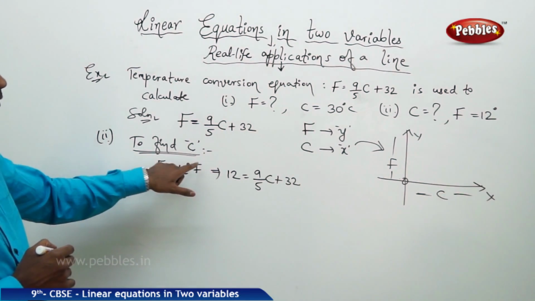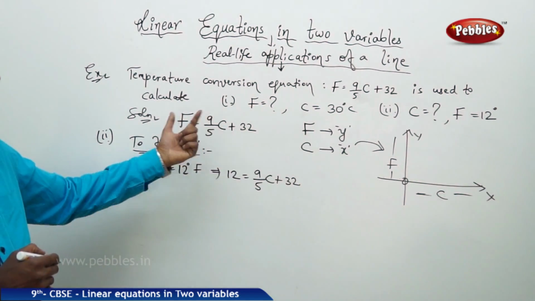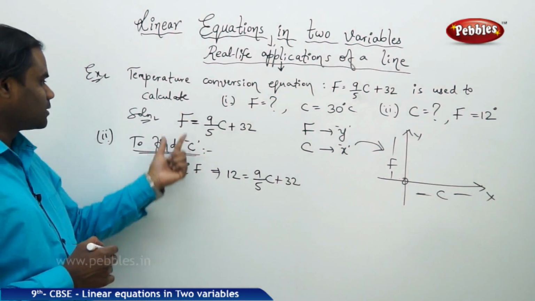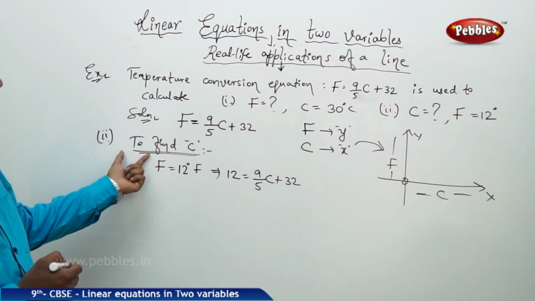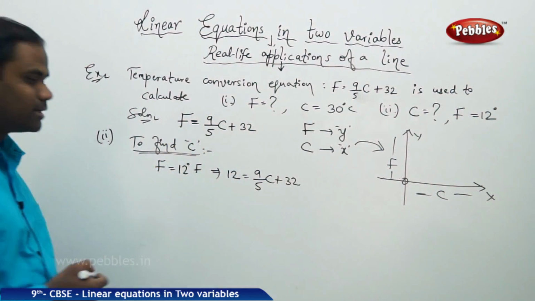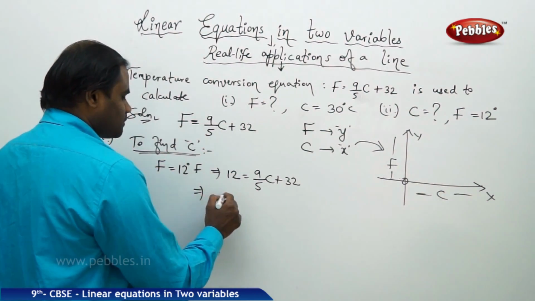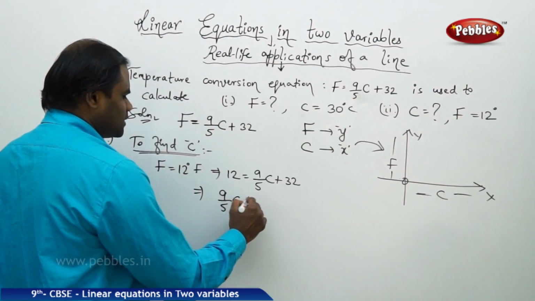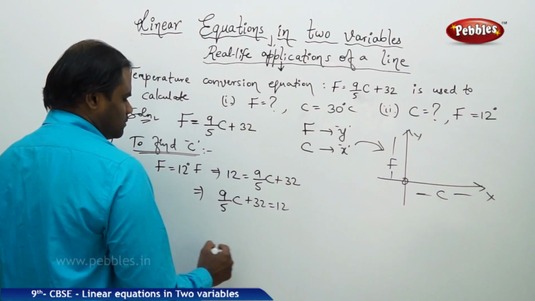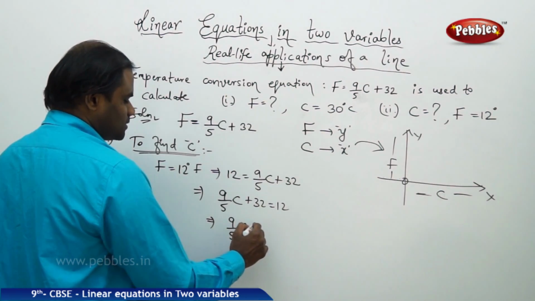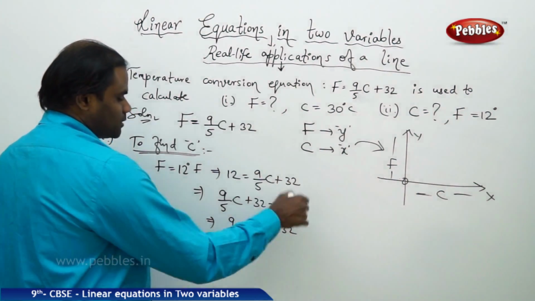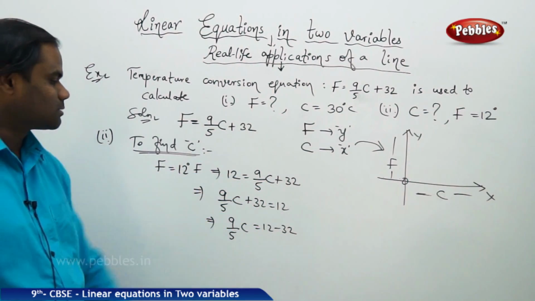So I substitute F equals 12 and then simplify to find C. Now, it's about finding C, so I take this to the left hand side. 9 by 5 C plus 32 is 12. That implies 9 by 5 times C is 12 minus 32. 32 comes to the right as minus 32.